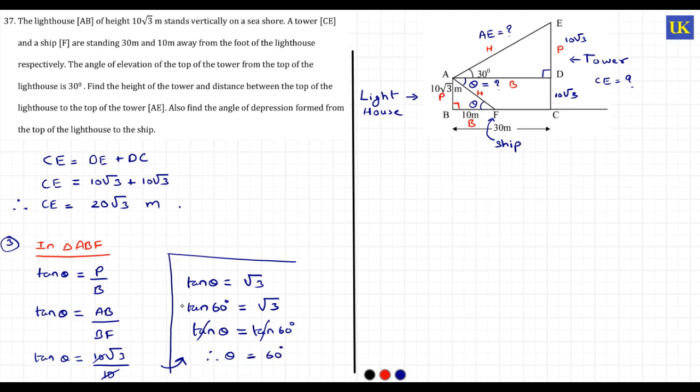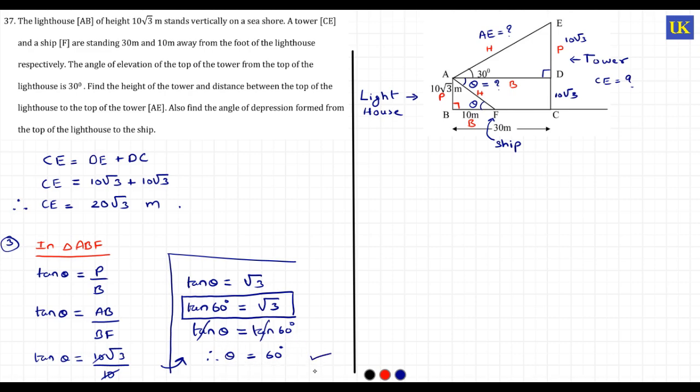So basically you can use this as our reference point here. Tan theta is equal to root 3 is what we got until here, and we know that tan 60 is equal to root 3. So instead of root 3, you can write tan 60 here and continue, cancel tan, and therefore theta is equal to 60 degree.